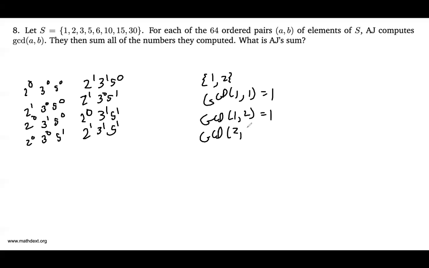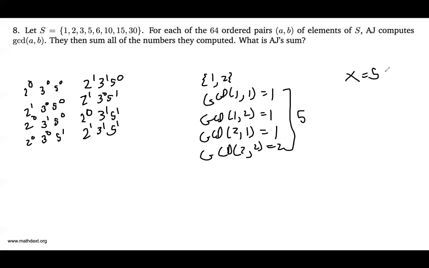The GCD of 2 and 1 is 1. The GCD of 2 and 2 is 2. So if you sum all these up, you get 5. That's fairly simple. We're going to call this whole sum X equals 5, and that signifies the case where there's only one prime.